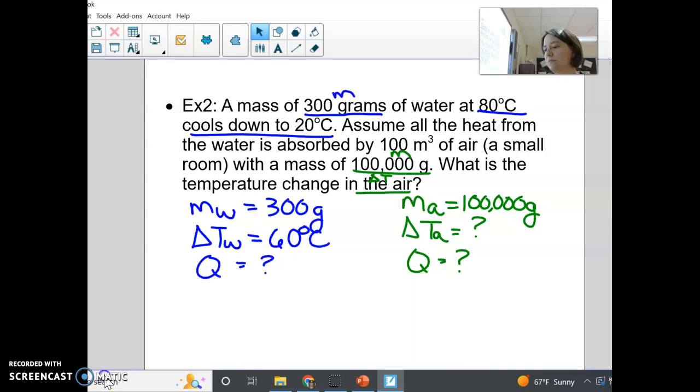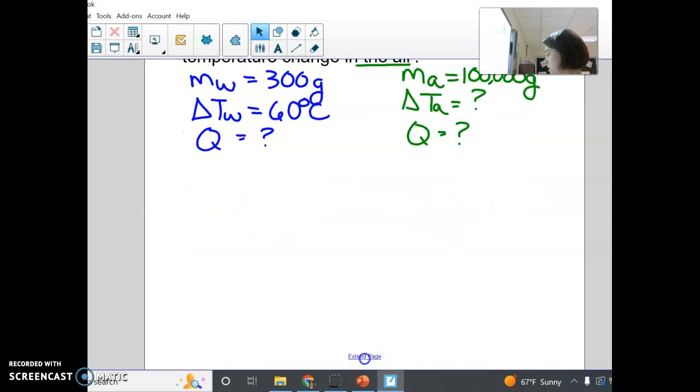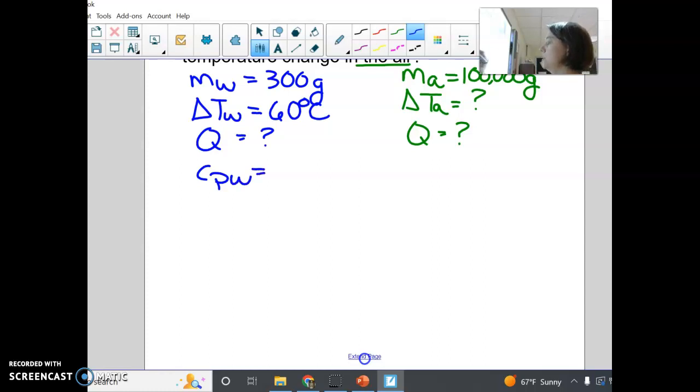Let's try it. Table 3.1 in your book on page 83 has both air and water. So our Cp of water equals 4.184 joules per gram degrees Celsius.